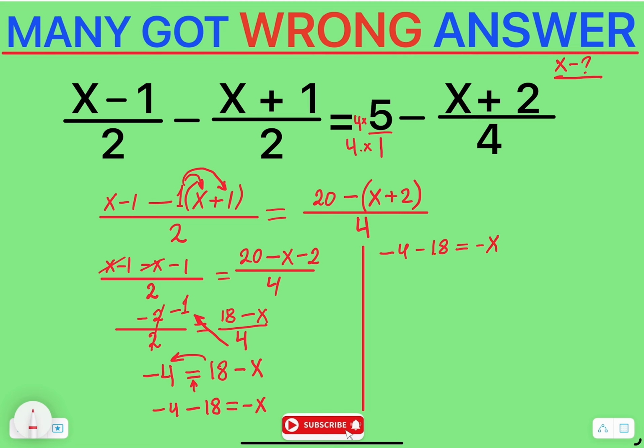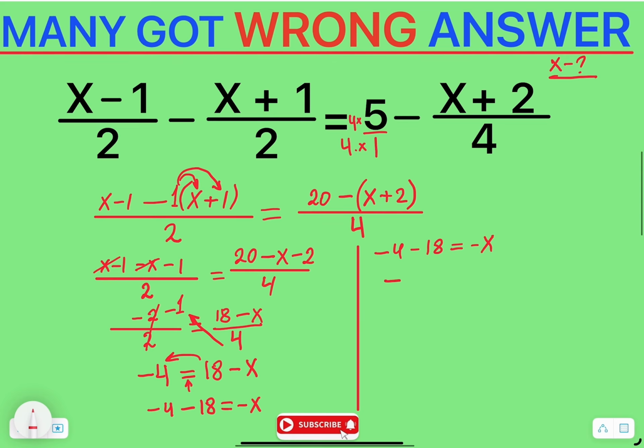If you have both numbers negative and you subtract, the answer is always negative. But we add the numbers, this will be negative 22. I will explain why. When we have a number line, imagine this is 0, this is my 1, 2, 3, 4, let's say here. My negative 4, right?